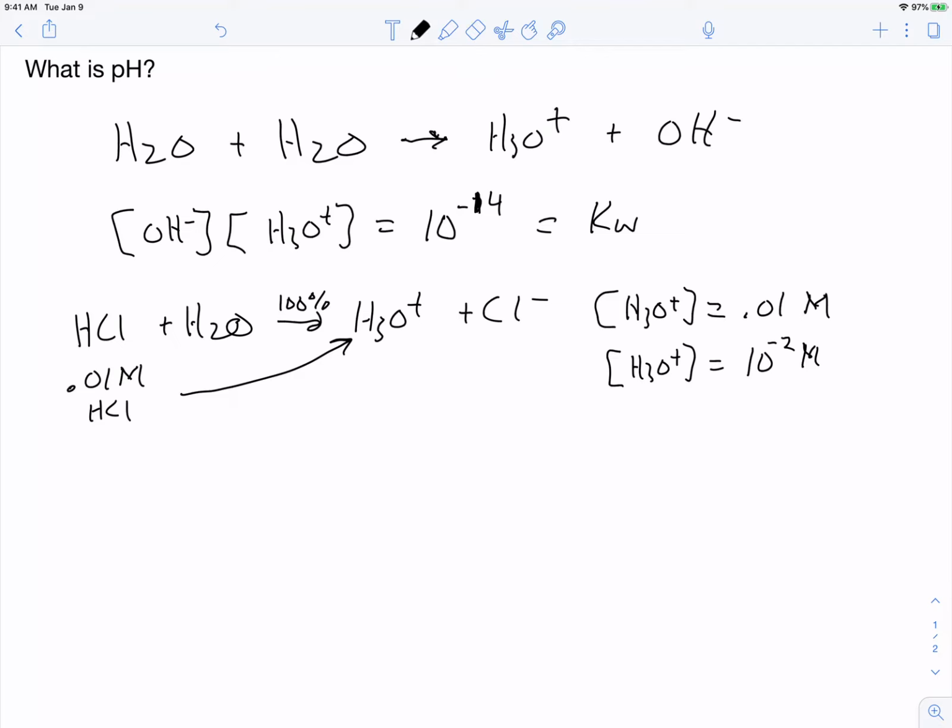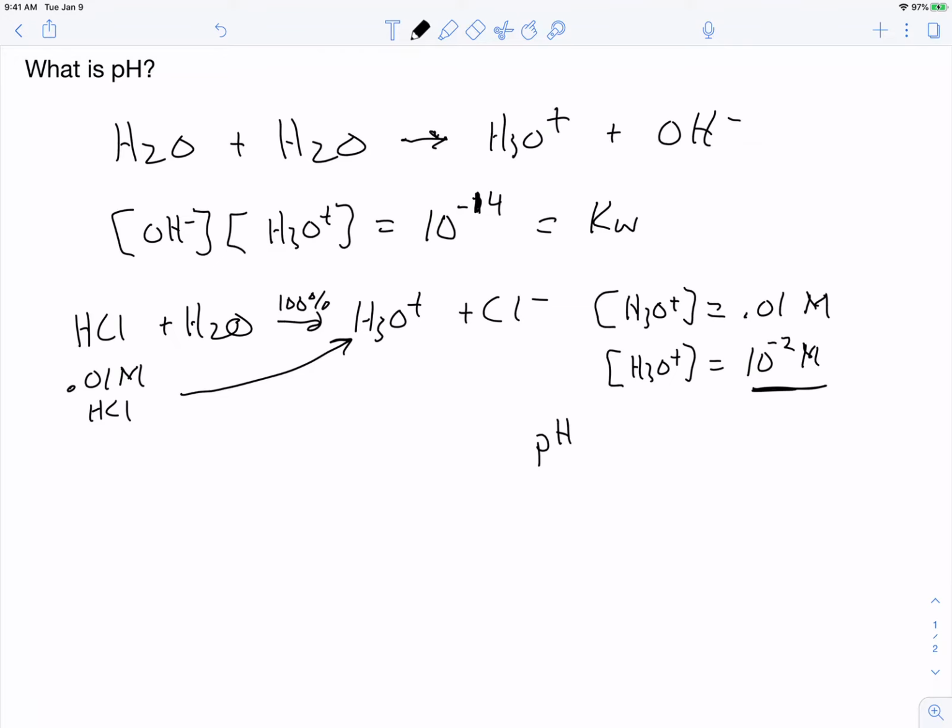Well, we have a nice little way of writing this out. We have what is called pH. It's just a shortcut way of expressing 10 to the minus 2 with a larger number.